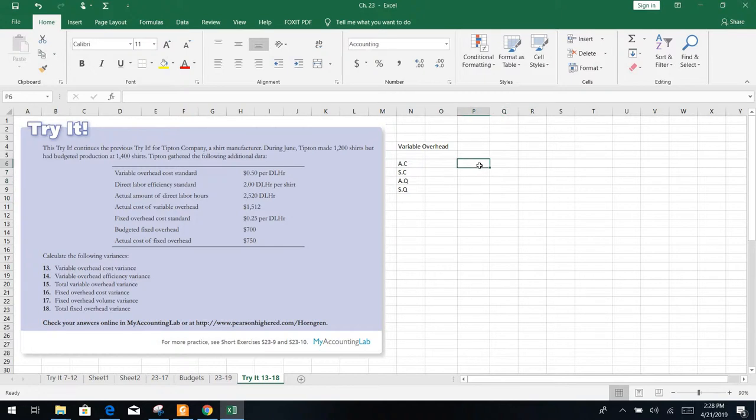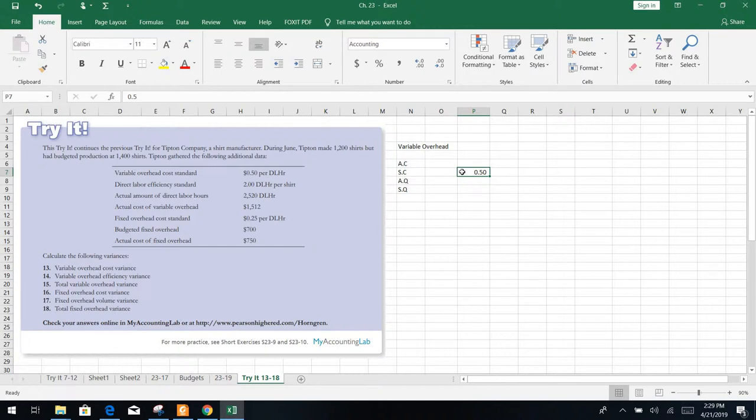Now let's go ahead and solve for these values. The first thing I would do is look here. It says variable overhead cost standard cost, so we automatically have one of the values given to us, and that's 50 cents. When you have a lot of distractors and a lot of values you're working with, it's very important to put the symbol and the unit on your value.